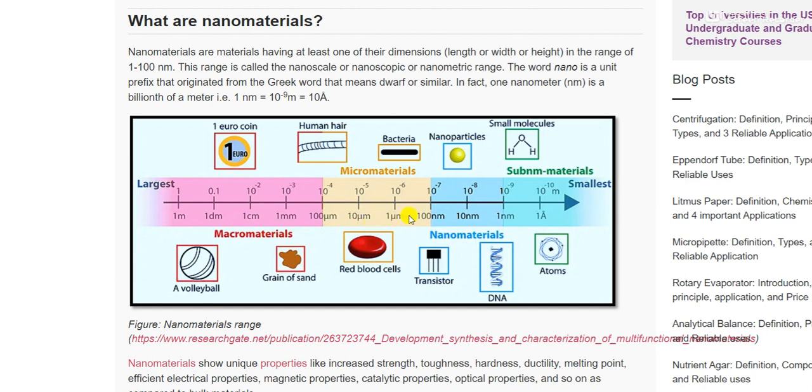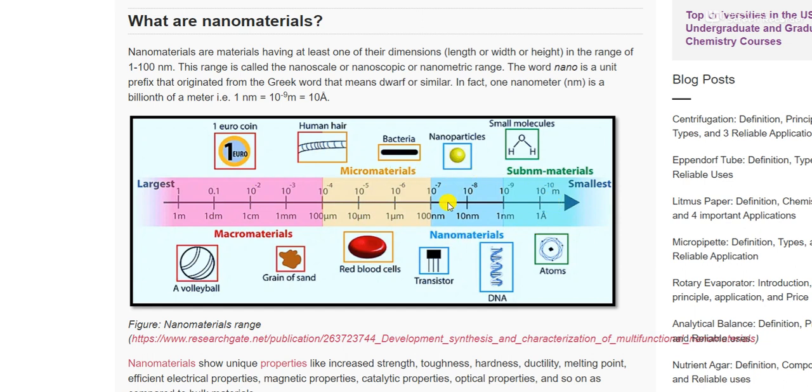Again, if we reduce the size, we will reach nanomaterials, and then if we reduce the size range again, we will reach the DNA, which is a biological hereditary genetic material. And again, if we reduce the size, we will reach the atom, that is around 1 Angstrom unit. Okay, so this is a typical idea about the size range.